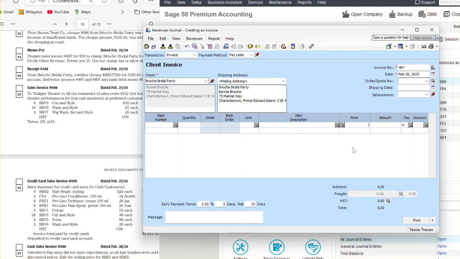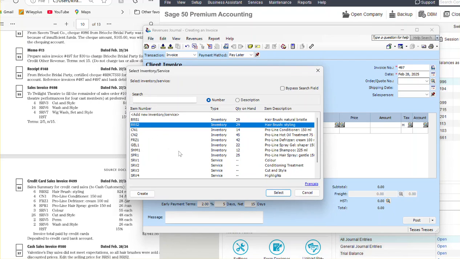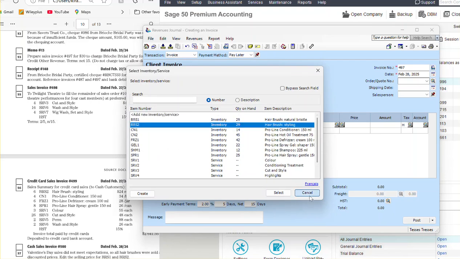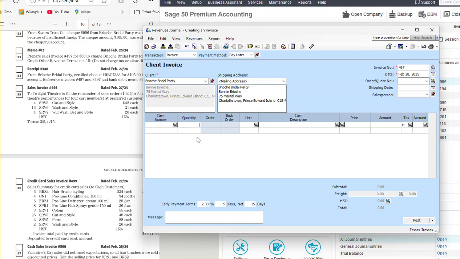I'm trying to enter it, but my keyboard is gone. Let's see if I can find something here. My keyboard is not typing. Oh, let's do one more.